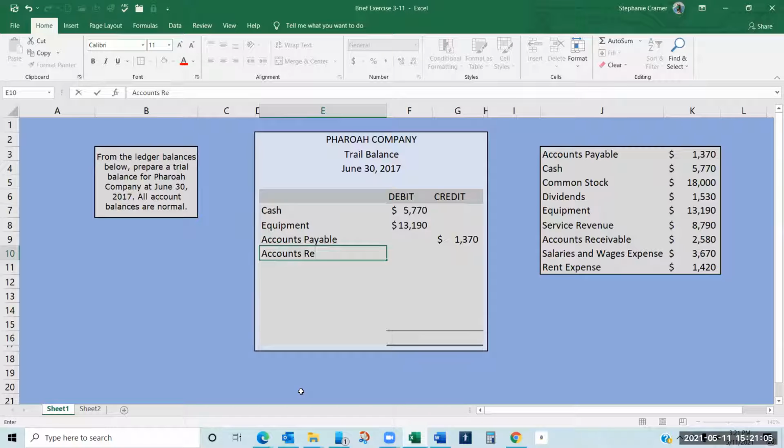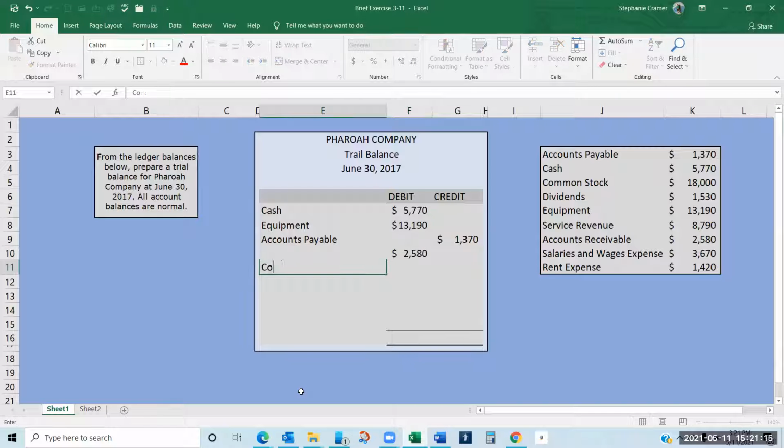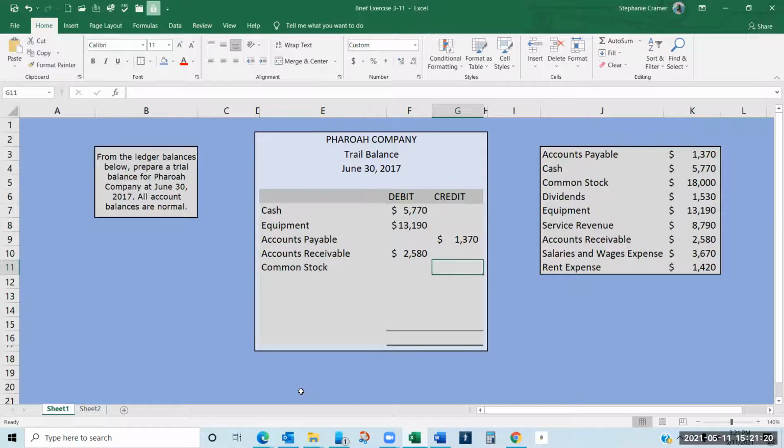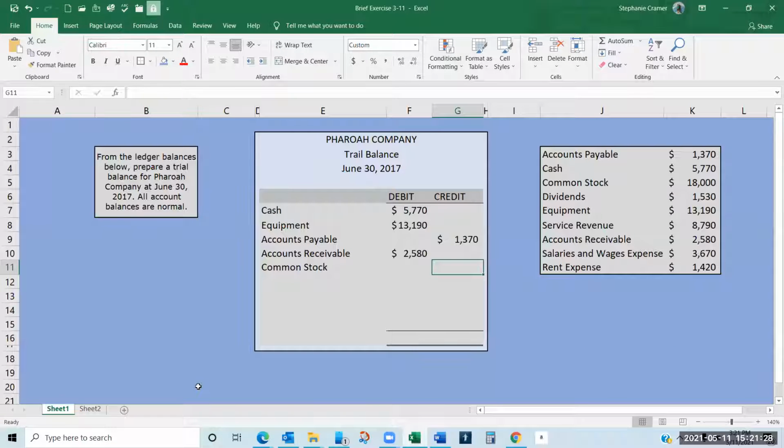Accounts receivable, that one is a debit. Common stock, that one right here is a credit, which is part of stockholders' equity. So common stock is 18,000.